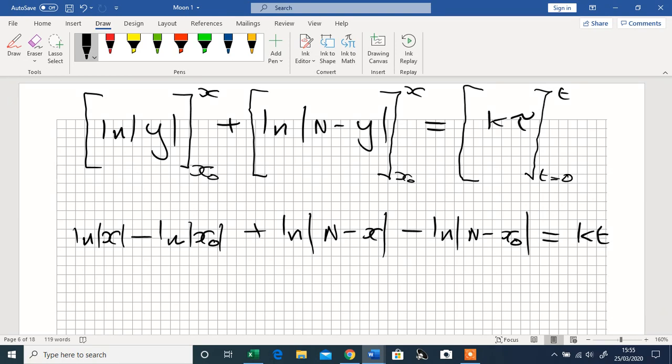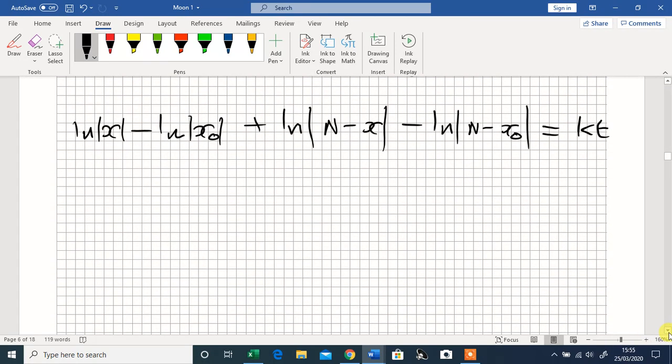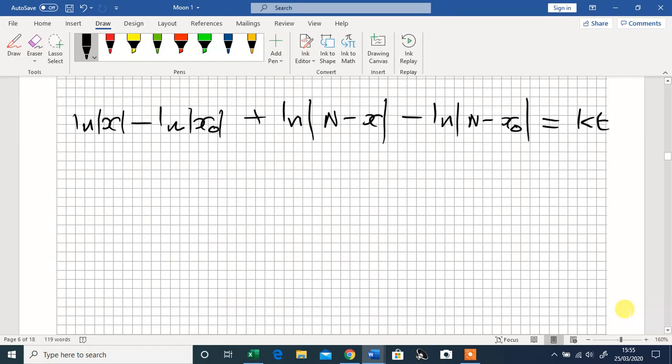Now this can be simplified a little, and I'm going to do it in stages so that we get it right.